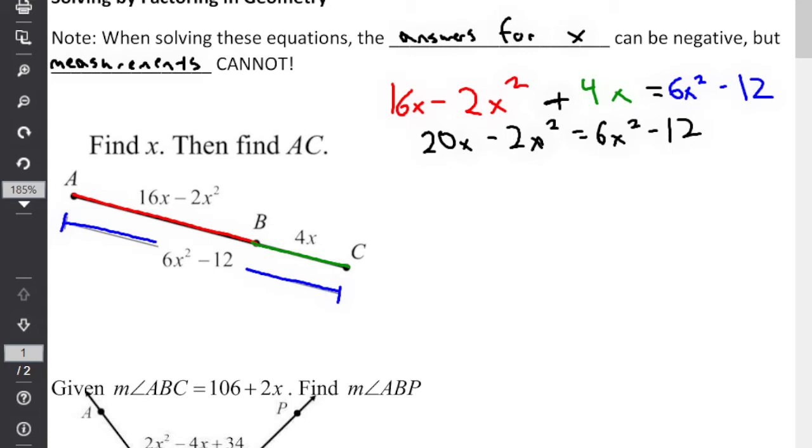Then, if you remember how we talked about solving these equations yesterday, we want to get everything on the same side so that it's set equal to 0.